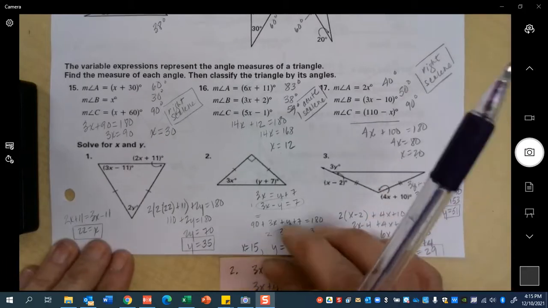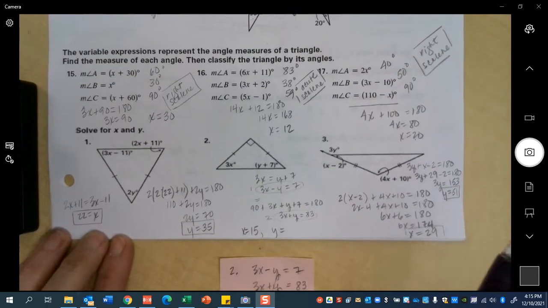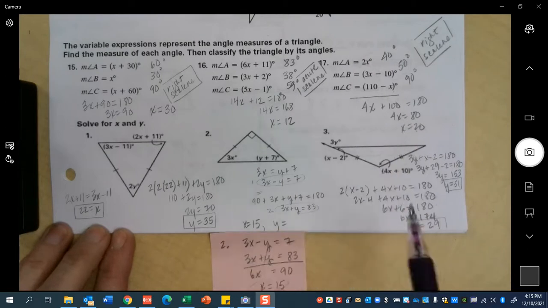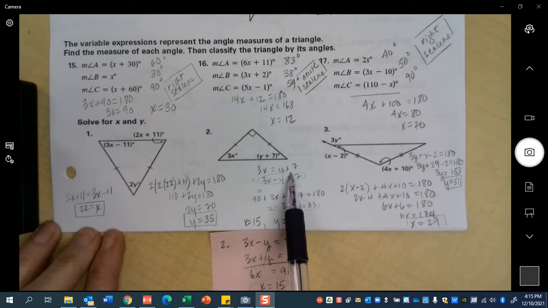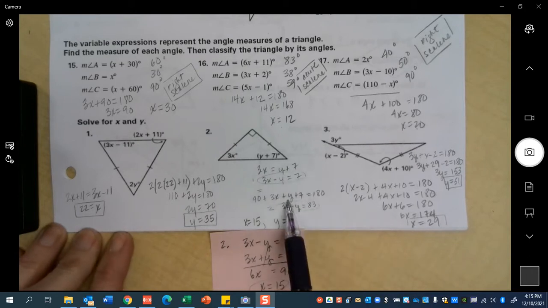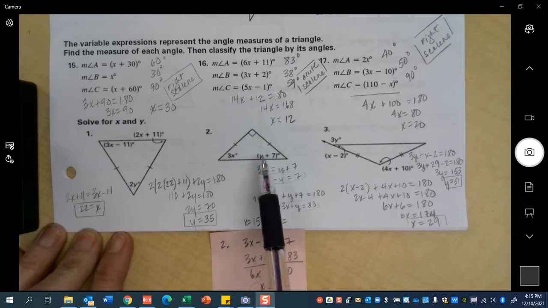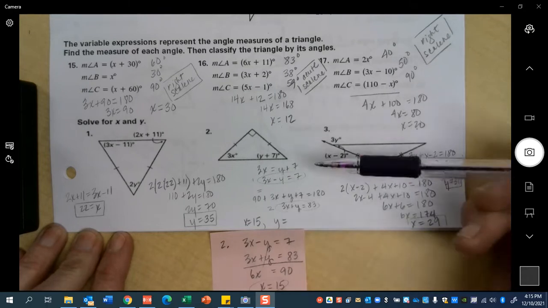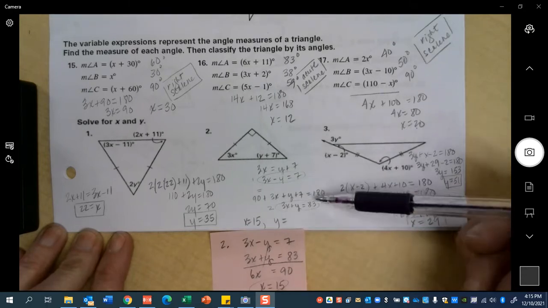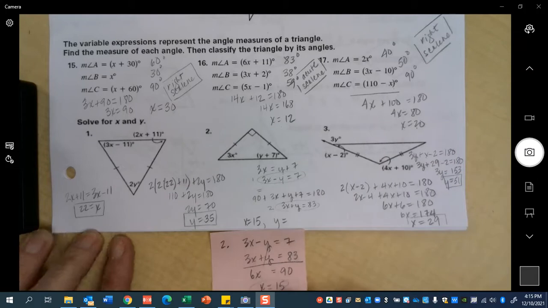Number 2 was a little bit tricky because it was a system of equations. My first equation I wrote was 3x is equal to y plus x. And then my second equation that I wrote was 3x plus y plus x plus 90 is 180. So I had these two equations here when we simplify.